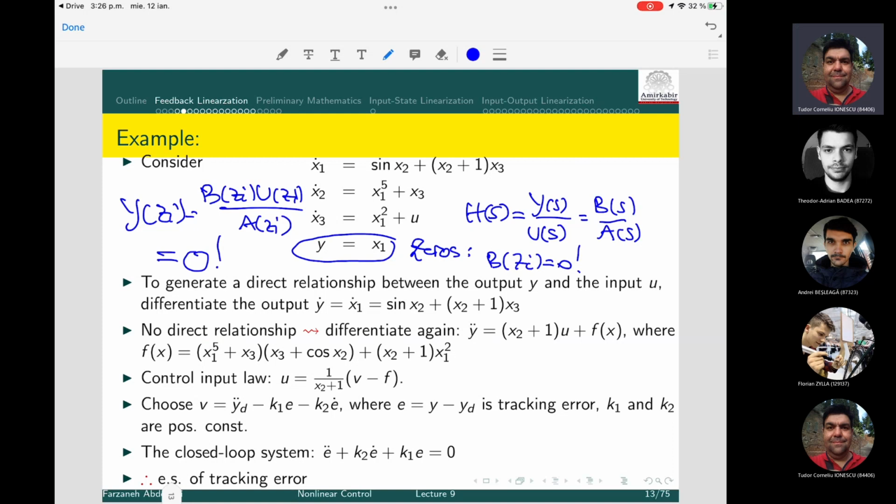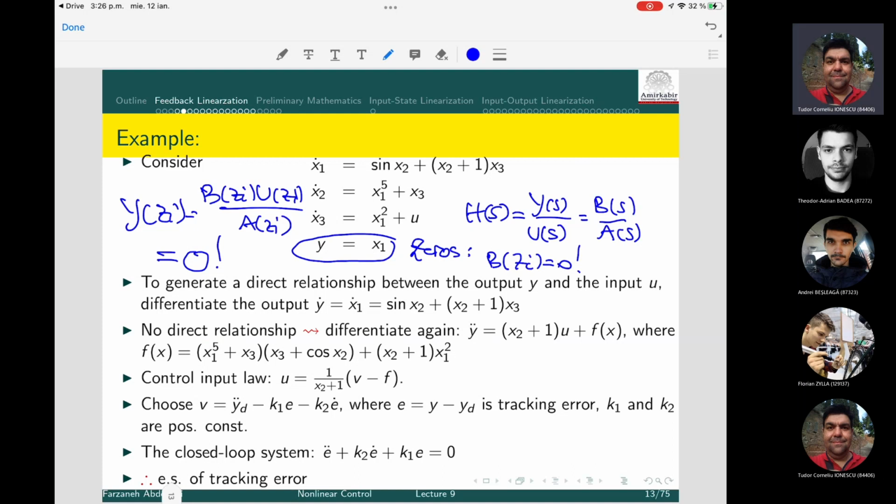This is the meaning of a zero, or an input-output transmission zero, transmitting from the input. At this point, the input has no influence on the output. That's what the zeros actually mean: at this level, there is no influence on the output.